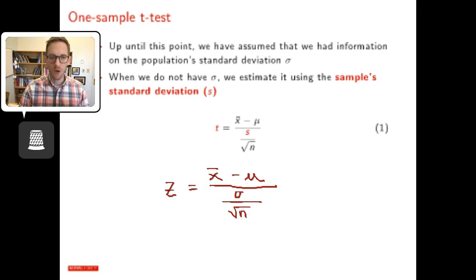And so what we realize here is that often we may not know the population's standard deviation, or sigma. So in that case, we use the sample standard deviation, or S, to substitute that in. You can see that in this formula right here, we've just replaced the population standard deviation with the standard deviation of the sample. So this is the one sample t statistic.